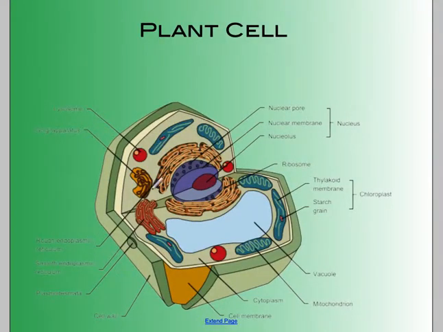If we look at a plant cell, we can see that they have a cell wall. Many parts are similar in the cell, but we can also see the cell wall. If we look further on, we can see the chloroplast, where chlorophyll is stored and photosynthesis takes place.